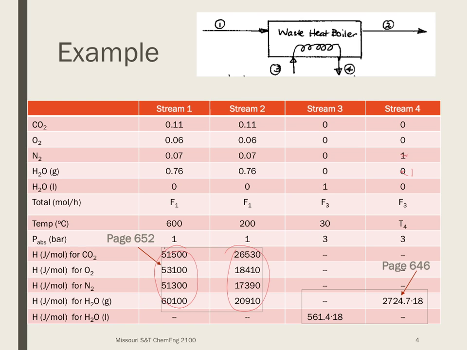These are listed per mass instead of per mole. To be consistent, I had done everything here in moles, so I've converted these over. I've taken the data out of the table and multiplied by the molecular mass so that I can get this on a per mole basis. So I've now gathered the data that is available in the tables.